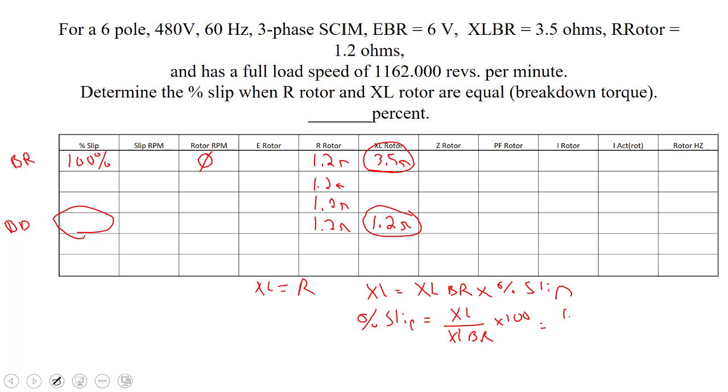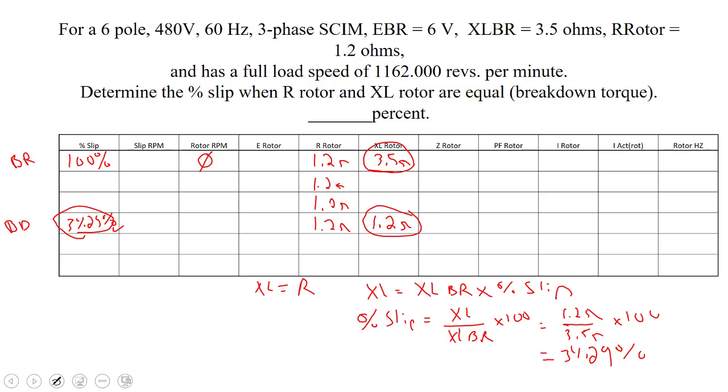So 1.2 divided by 3.5 times 100. That should work out to about 34.29%. So that would be what we'd fill out here.